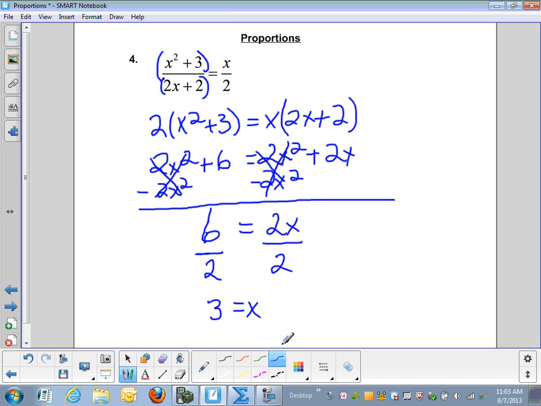So let's go ahead and check. I'm going to substitute 3 in for x. So x squared, 3 times 3 is 9, plus 3 is 12. 2 times 3 is 6, plus 2 is 8.